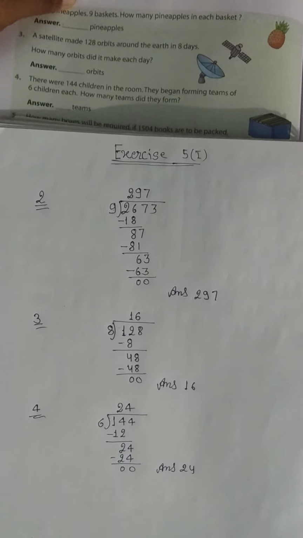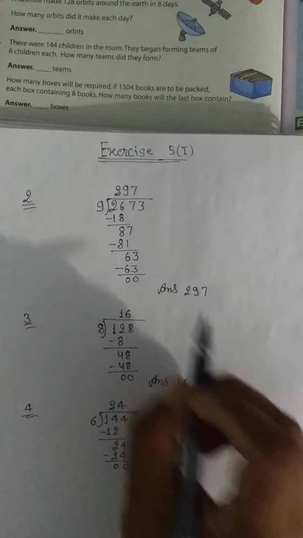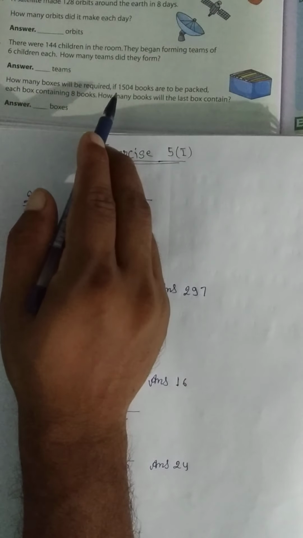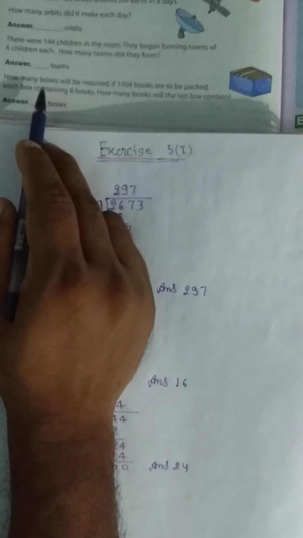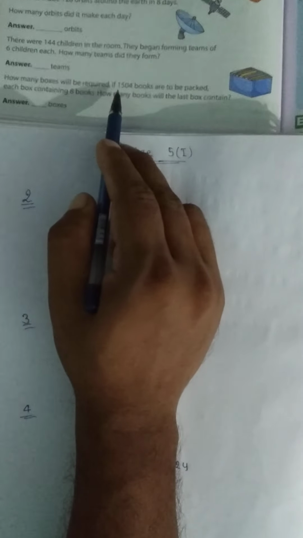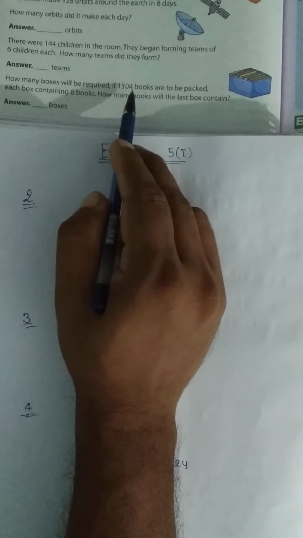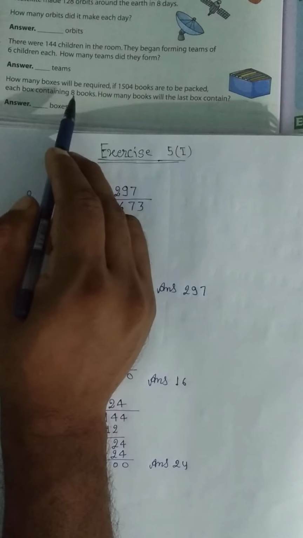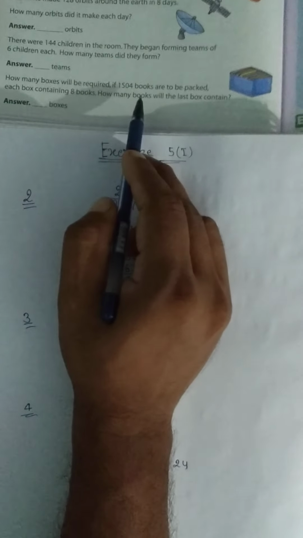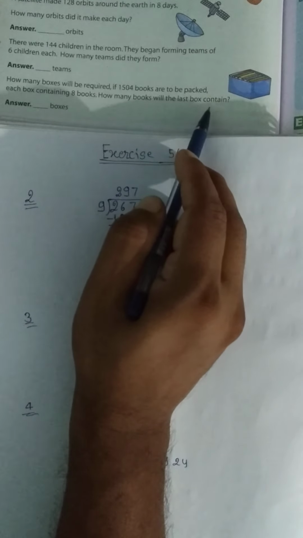See question number 5. What is question number 5? How many boxes will be required if 1504 books are to be packed, each box containing 8 books? How many books will the last box contain?